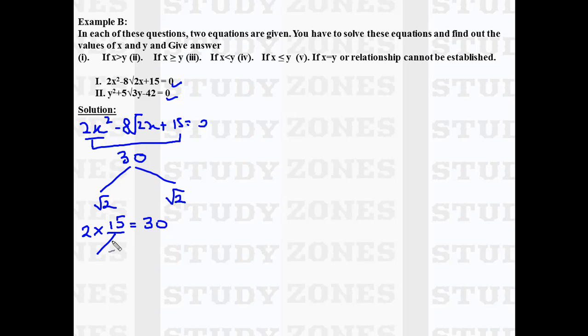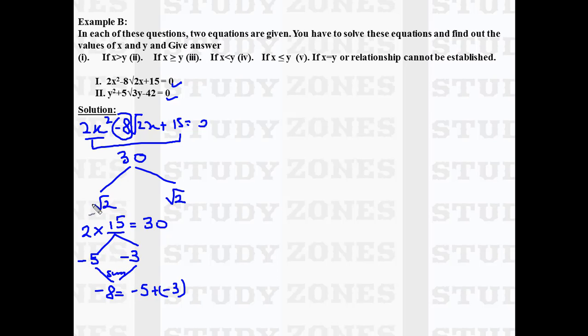Now factorize 15, 5 into 3. And their sum should be equal to this minus 8. So we can get minus 8 by adding minus 5 plus minus 3. So both terms are negative.